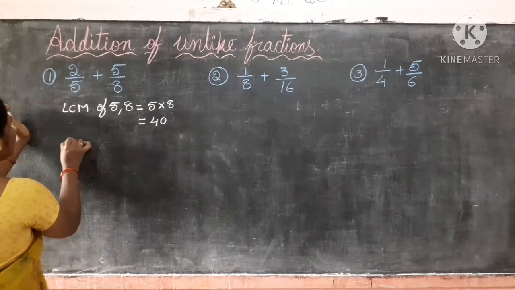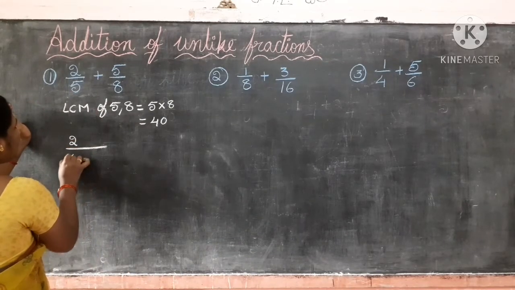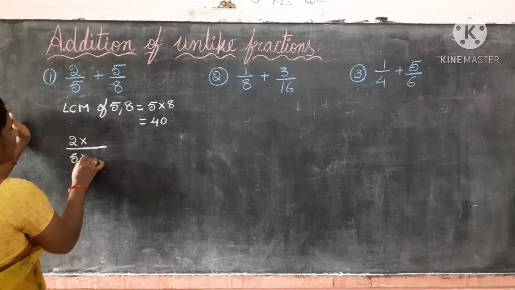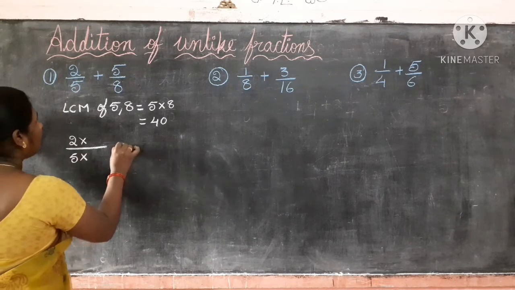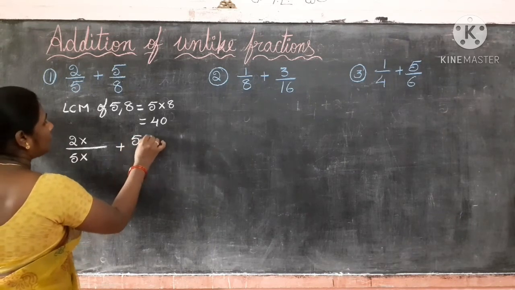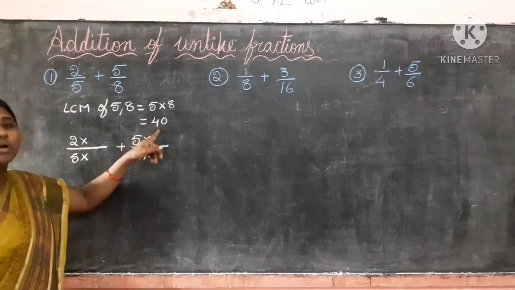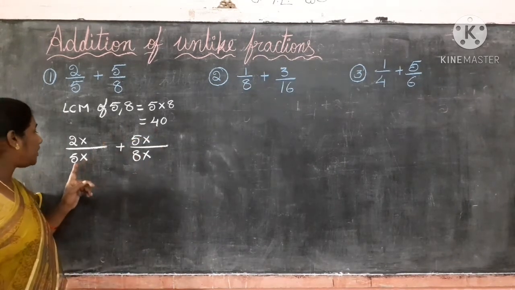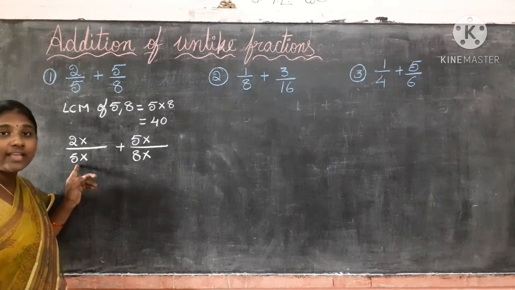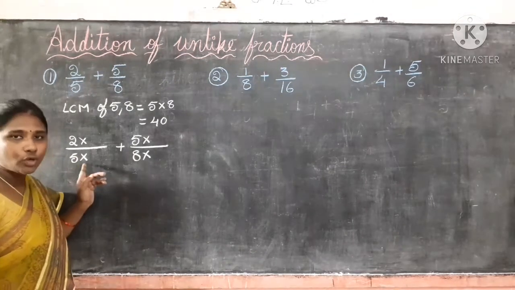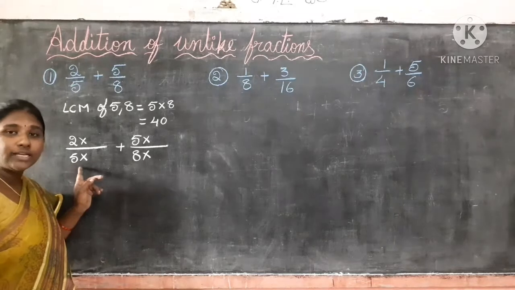So first write this fraction 2 by 5. Like this: 2 into by 5 into, plus 5 into by 8 into. So first, the LCM we got is 40. In the denominator's table we find how many times the LCM comes. So we have to check from the denominator.